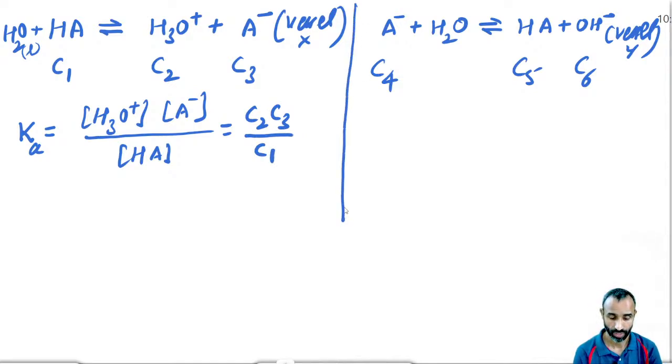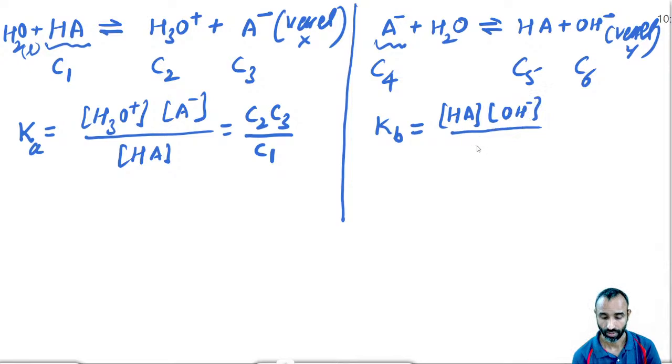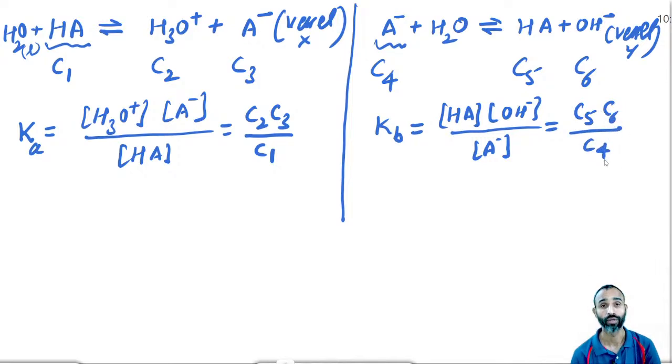What about the other vessel? Take it as Kb. This acid HA is acid, A negative is its conjugate base. So Kb is HA OH negative divided by A negative, equal to C5 into C6 divided by C4.